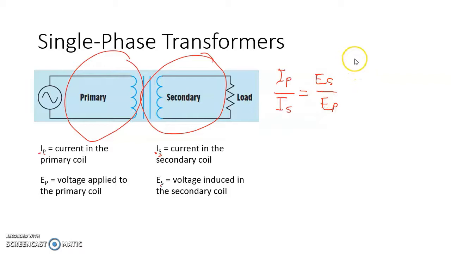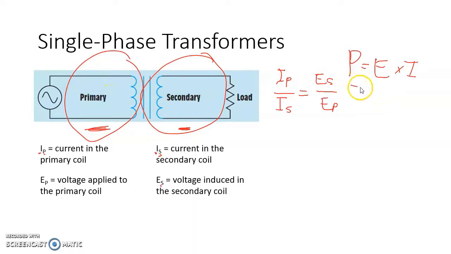Now let's take a step back. A few weeks ago, or certainly in DC fundamentals, you learned the power formula, and that is power equals voltage times current. And I mentioned earlier that power in equals power out.